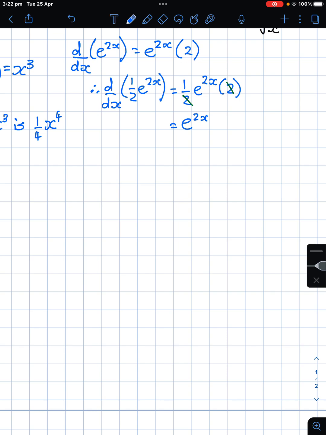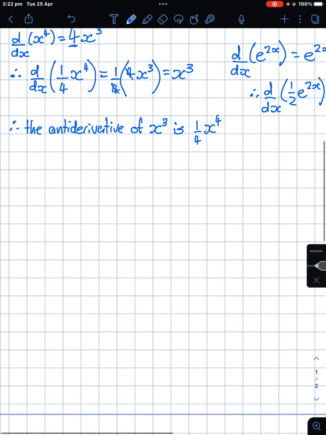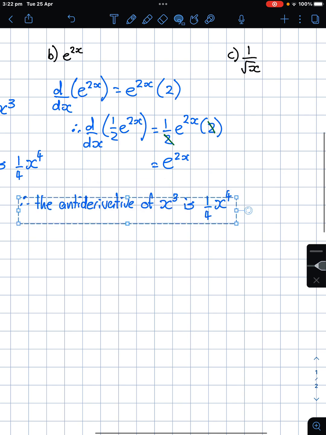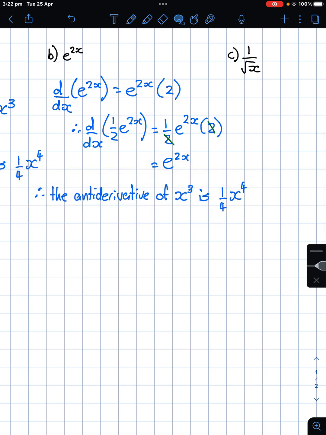Okay, I need to write this sentence, so let's be a bit lazy to save time. Let's copy that and paste it below. So therefore, the antiderivative of e to the 2x is half e to the 2x.